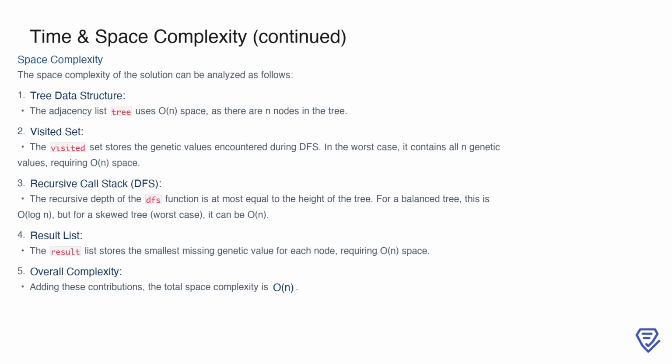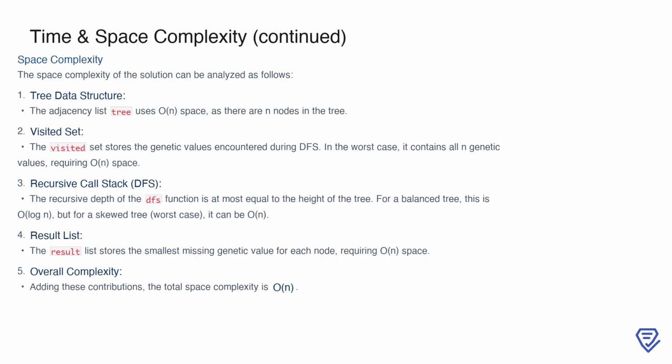Next, let's analyze the space complexity. First, the adjacency list tree requires O(n) space since there are n nodes in the tree. The visited set, which keeps track of the genetic values encountered during the DFS traversal, also requires O(n) space in the worst case, as it can store up to n unique values. The recursive call stack depth of the DFS function depends on the tree structure.